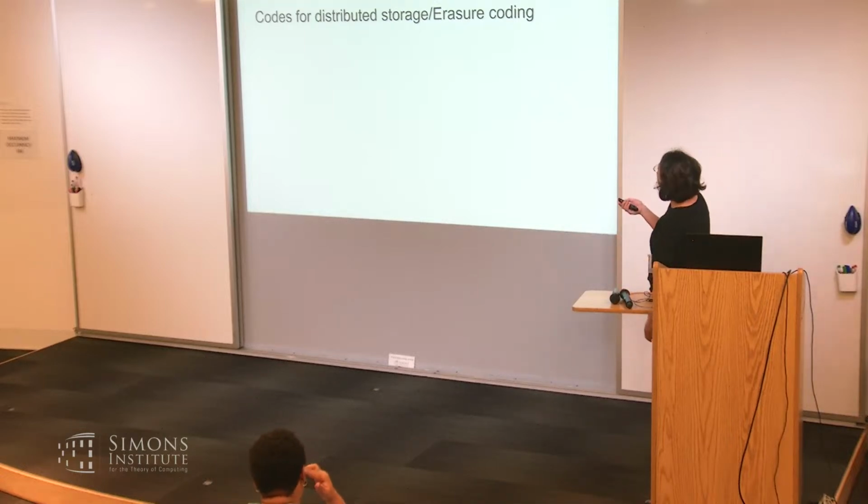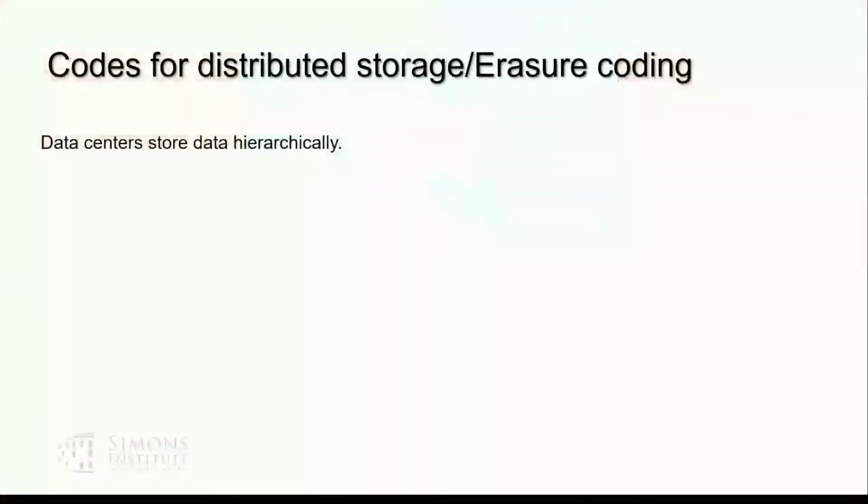So, codes for distributed storage. There are a couple of desiderata that we'd like to have when we talk about distributed storage. In particular, data centers are hierarchical, and we want to model that. Failures are viewed as erasures: we know whether a node failed or not.